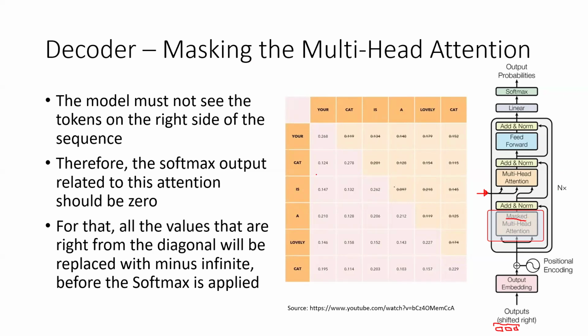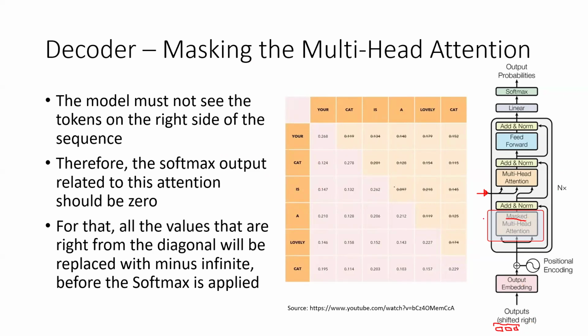The idea is that, unlike the multi-head attention in the encoder layer, in the masked attention layer you are masking the next tokens.